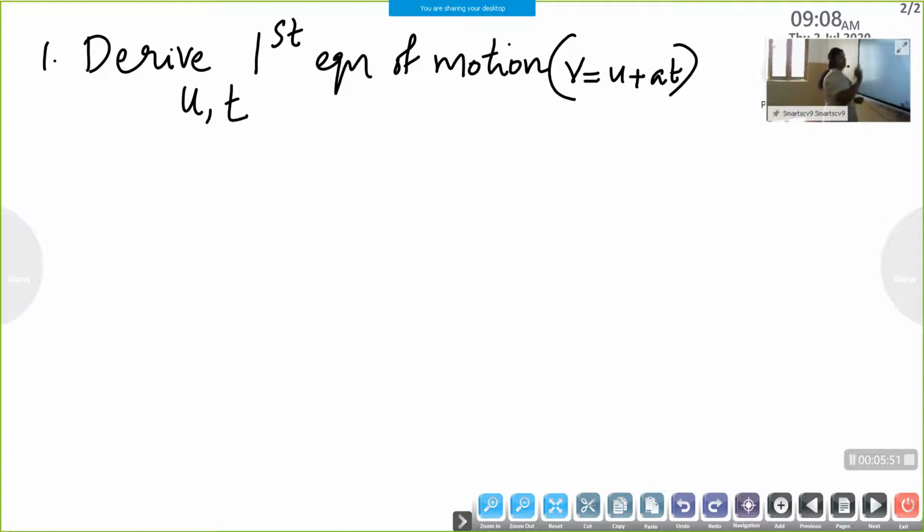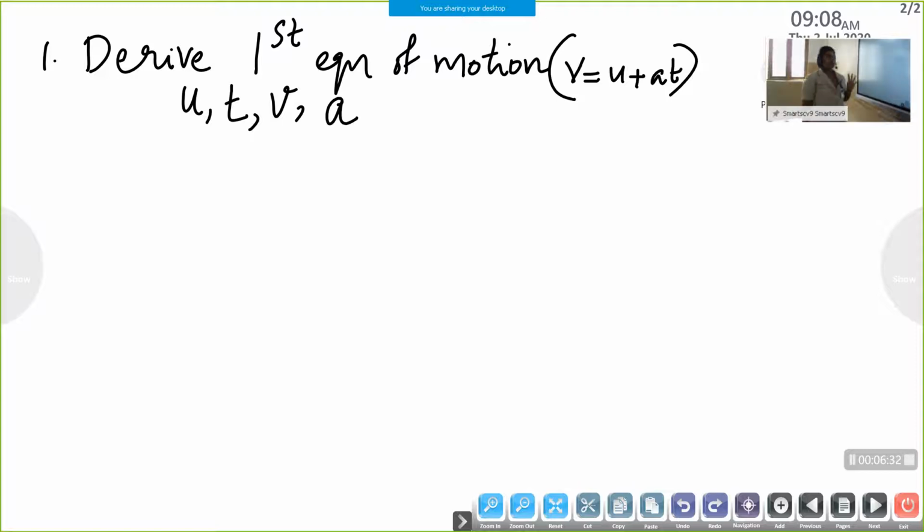After a time t, it changes its velocity, and the final velocity is V. Here the velocity changes, which means acceleration is there. If the change in velocity is uniform, then that will be uniform acceleration. That you have to take care. If the velocity is the same, then zero acceleration. If the velocity is changing and the change is equal in equal intervals of time, then the acceleration will be uniform. So, the object is under uniform acceleration a.